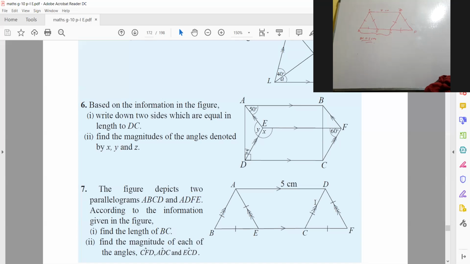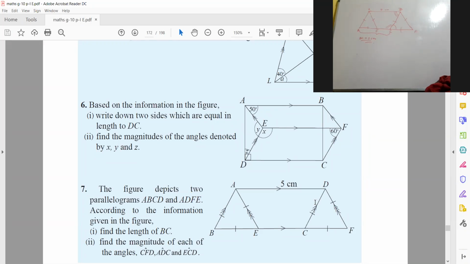Then the second part, find the magnitudes of each of the angles. They are asking for CFD, this angle, ADC, this angle, and ECD, this angle, right? First, the angle CDF, right? Now, as you can see, in the triangle CFD, this is a special triangle, right?